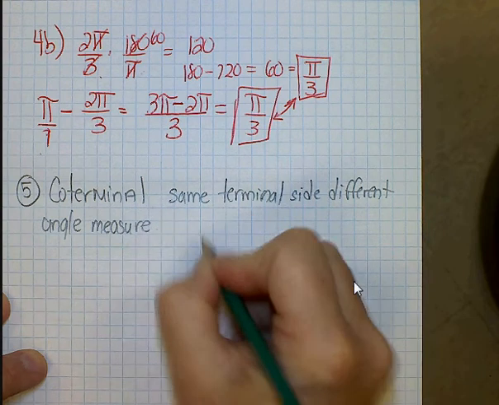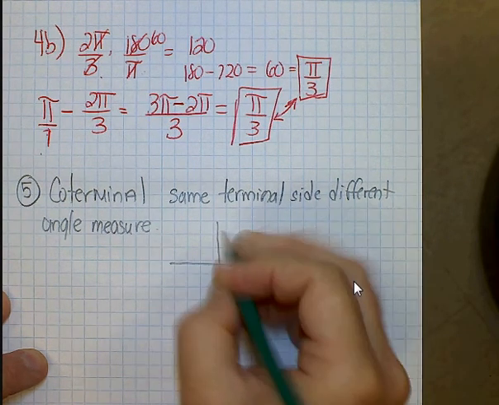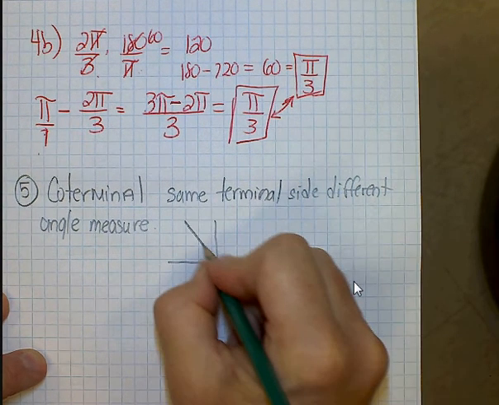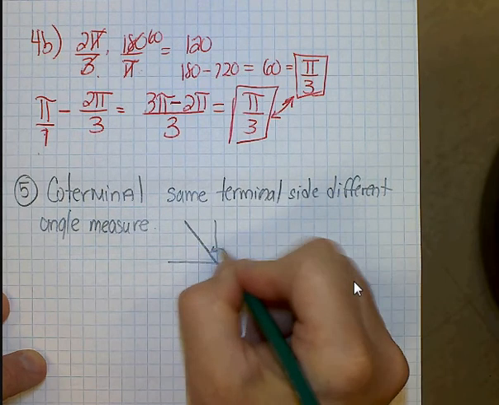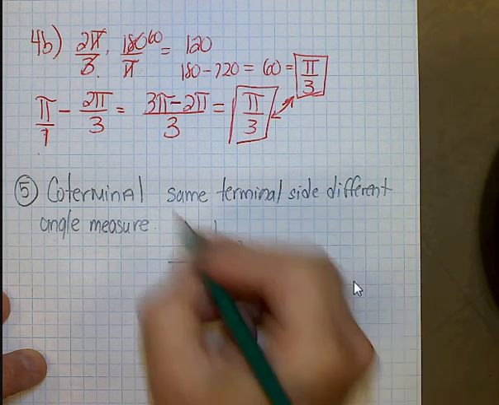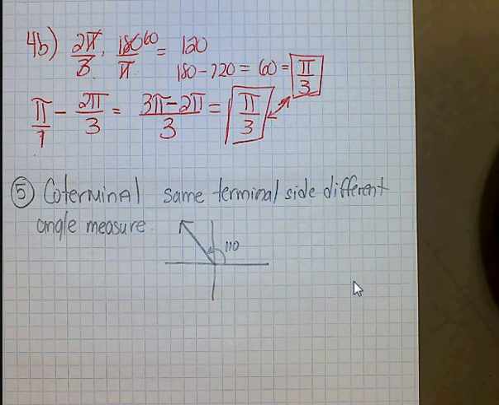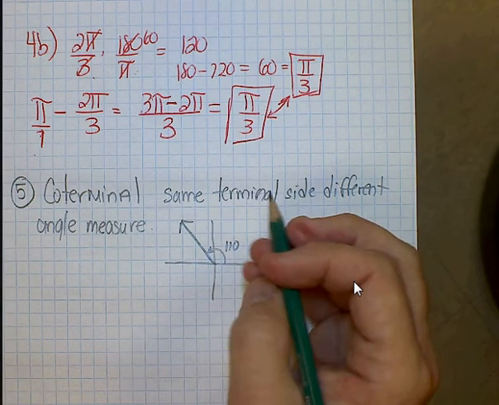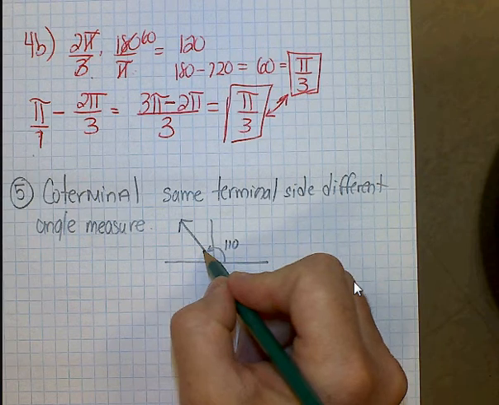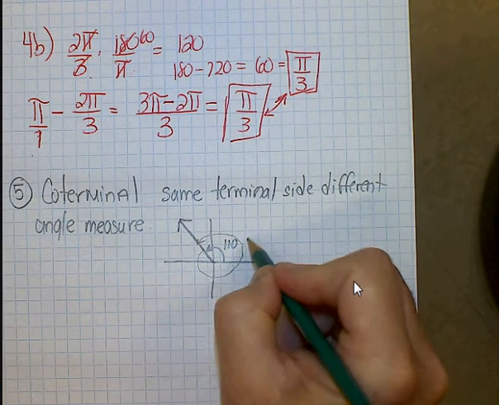You know, when I showed you one, and we went through a couple, but if I graph this, let's say this angle here is 110 degrees, and I want you to give me another angle measure that would give me the same terminal side as 110. 470. 2 ways we can do it. We can stay here and go another 360, and we would be at 470.